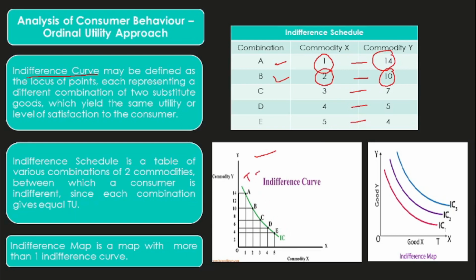It is the same throughout. When the utility derived from all of these combinations is the same, the consumer becomes indifferent towards using any of the combinations, because he is going to get the same amount of utility.